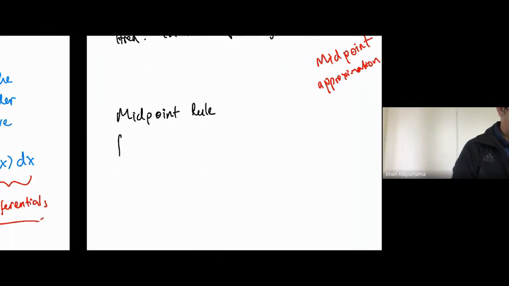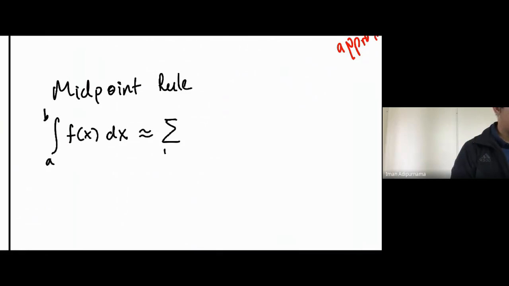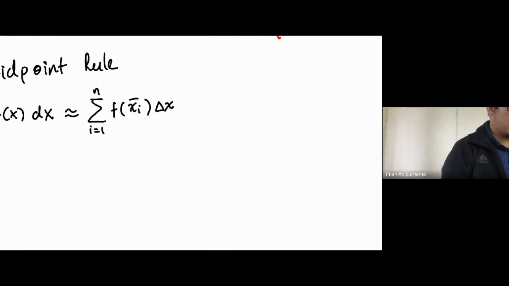The midpoint rule: if you want to calculate the integral of f(x) dx from a to b, this approximates to the sum of f(x bar) times delta x.